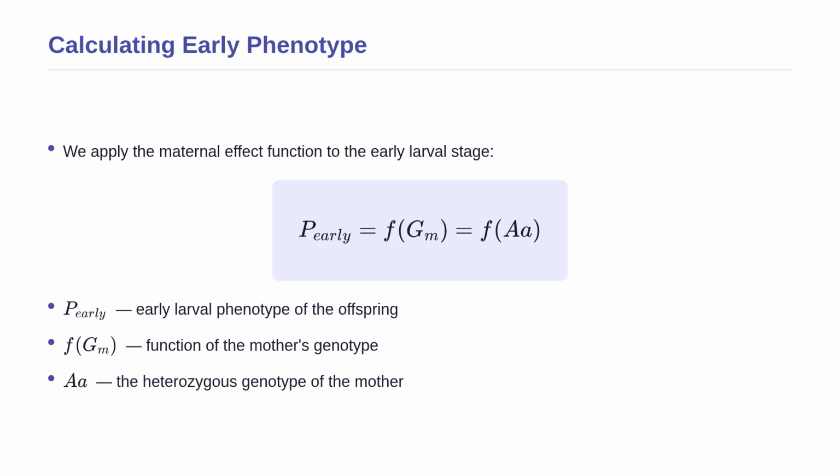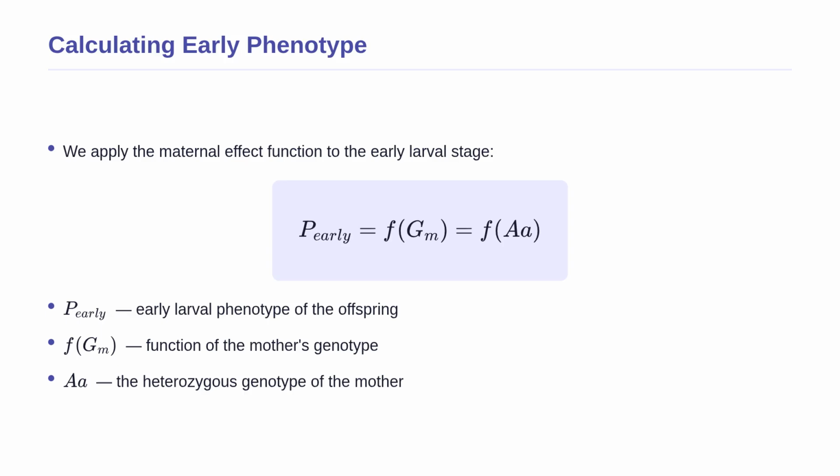To determine what these larvae look like when they hatch, we use our final equation. P early equals f of GM, which equals f of capital A lowercase a. Conceptually, this formula tells us that the early appearance is dictated entirely by what the mother pumped into the egg.